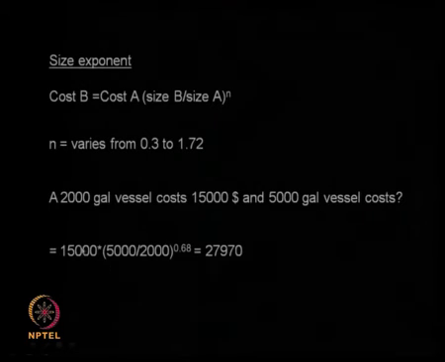So what do you do? 15,000 is the cost of the smaller vessel, then size of the larger vessel is 5000, size of the small vessel is 2000, raised to the power n. In this particular case n is taken as 0.68, n for a simple vessel is 0.68. So when you calculate you get 27,970. That means the cost of a 5000 gallon vessel, an almost similar vessel, is 27,970 if the cost of a 2000 gallon vessel is 15,000.